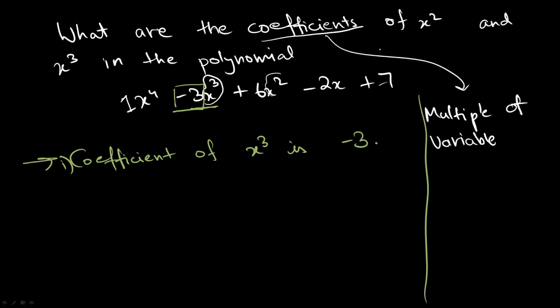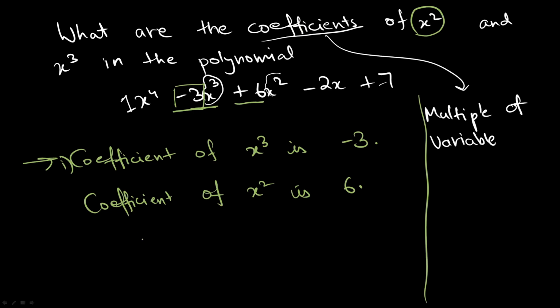Now let us see the coefficient of x square. We can see that it is +6. We don't usually write +6, we just write 6. So coefficient of x square is 6. And with this, our other question is complete.